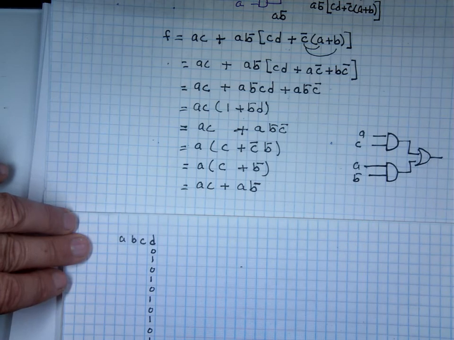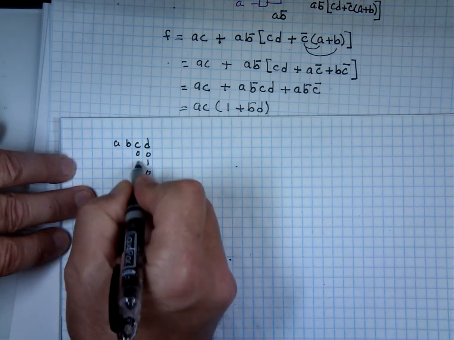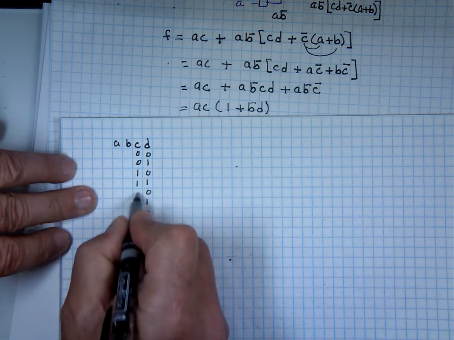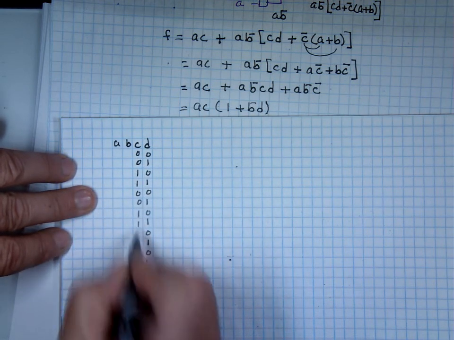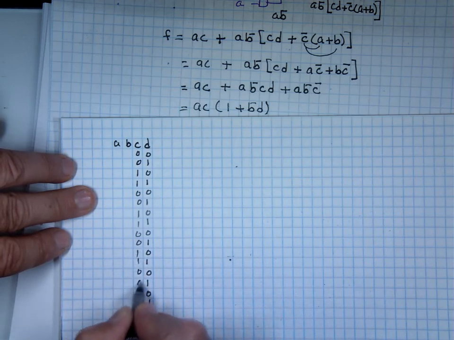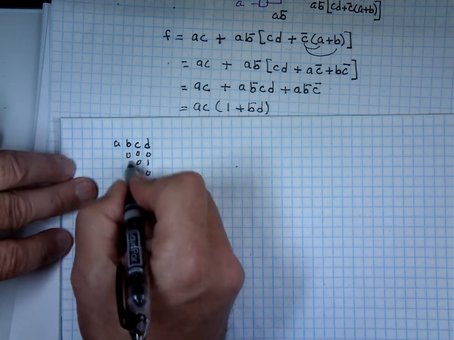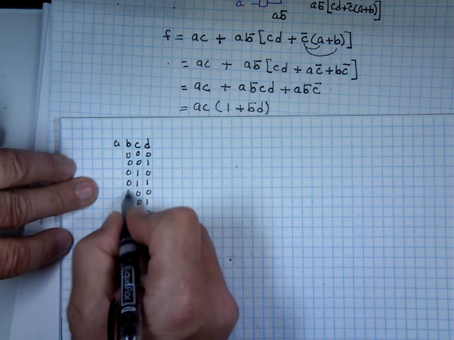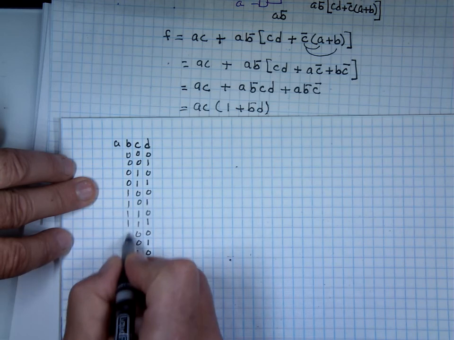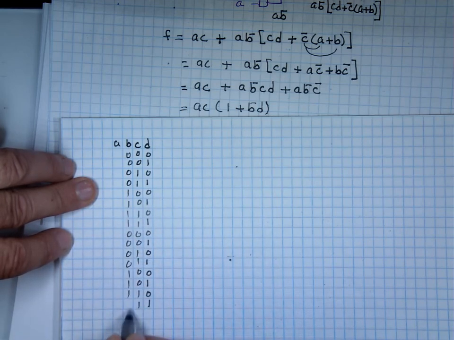Then 2 zeros, 2 ones, repeated. Then 4 zeros, 4 ones. Graph paper is wonderful there. And 8 zeros and 8 ones.